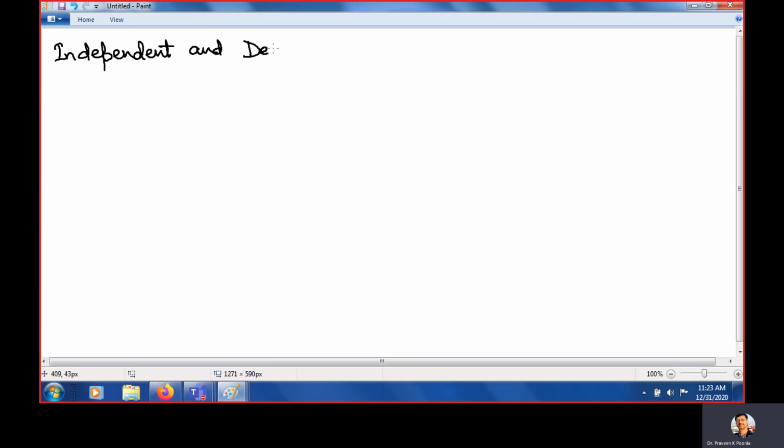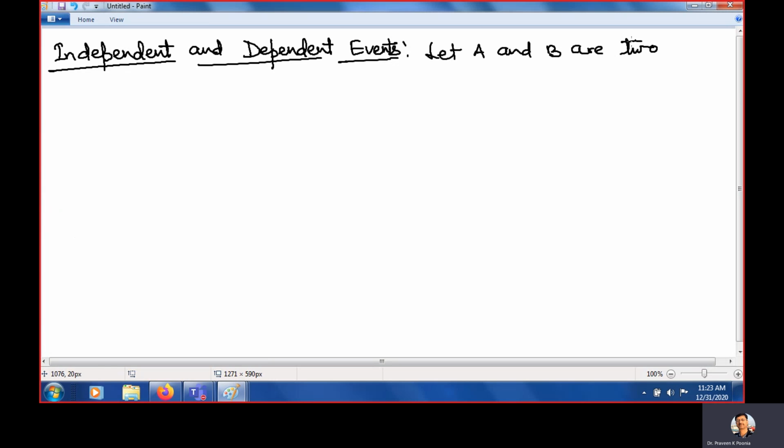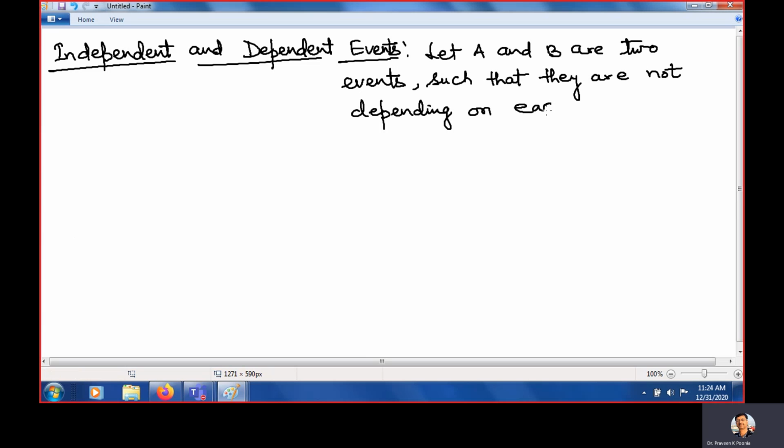Okay. So the next topic we are going to study is independent and dependent events. Let A and B be two events such that they are not depending on each other.